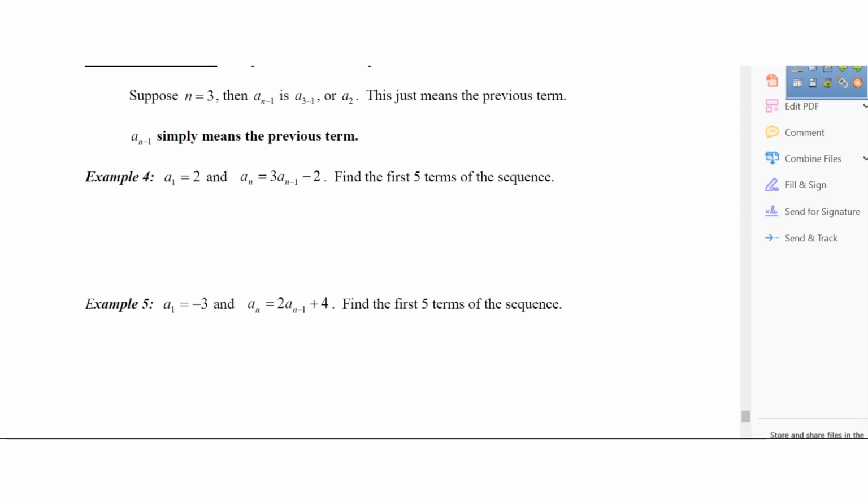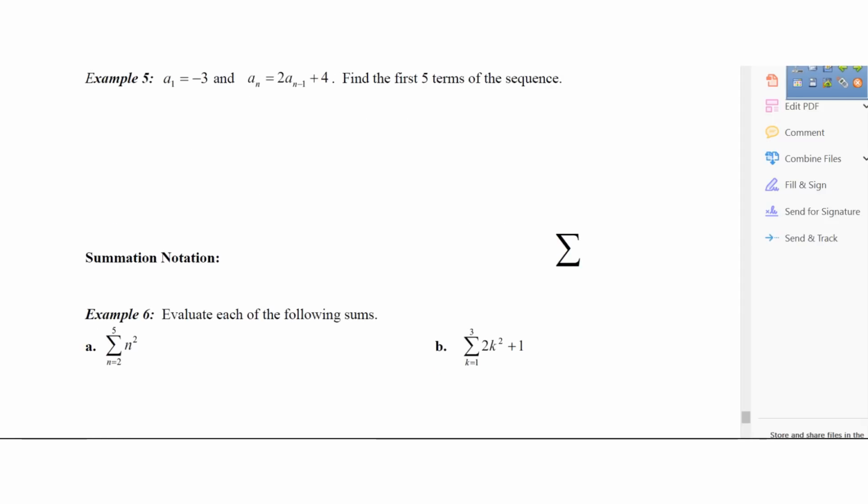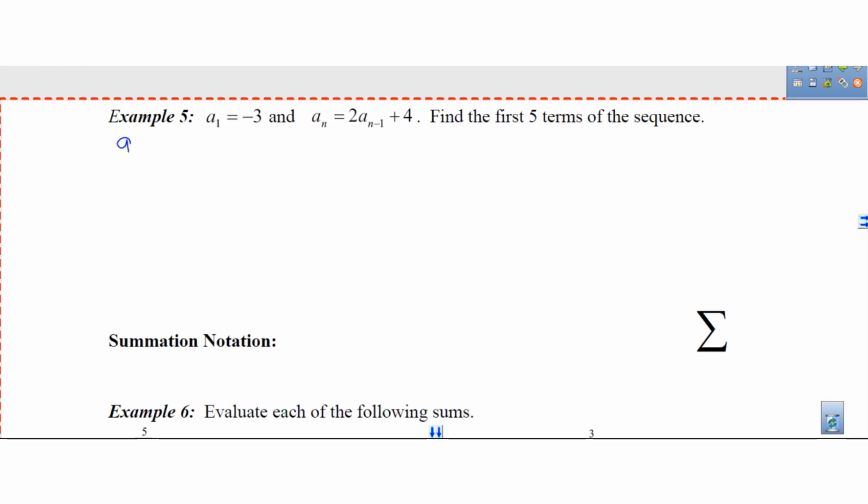Same thing, you guys. So find the first 5 terms. So you have A sub 1, A sub 2, A sub 3, A sub 4, and A sub 5. Look at your formula. Highlight that A sub n minus 1, draw an arrow to it, and say previous term. Okay?